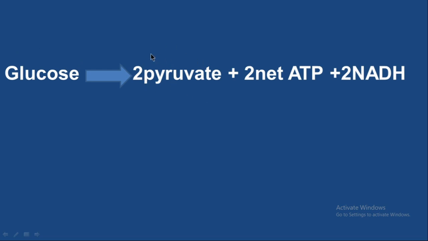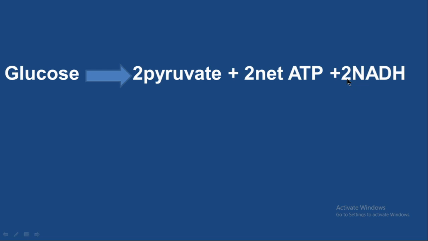That means two 3-carbon compounds called pyruvate, plus 2 net ATP molecules and 2 NADH molecules are produced. So at the end of glycolysis, these 3 molecules are produced. How does a glucose molecule produce these molecules at the glycolysis stage? We'll see this in detail.